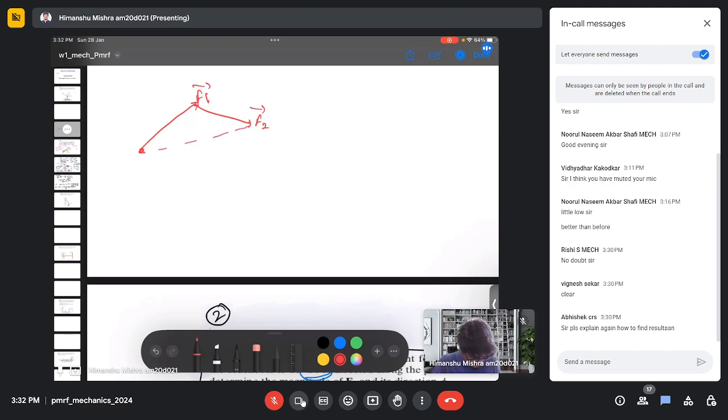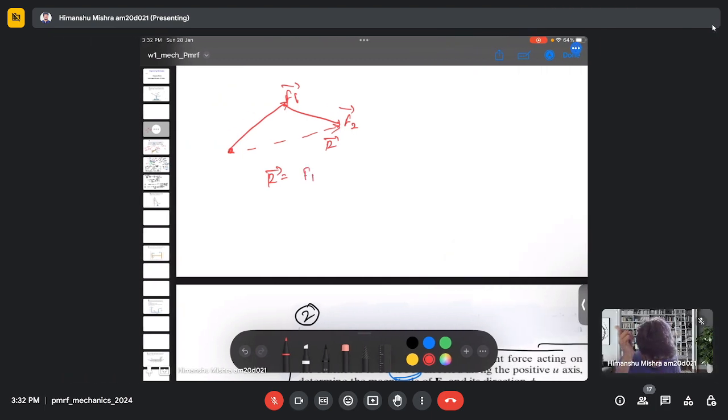And this is your resultant here. Now in order to find the resultant, it is just a vector addition of these two forces.